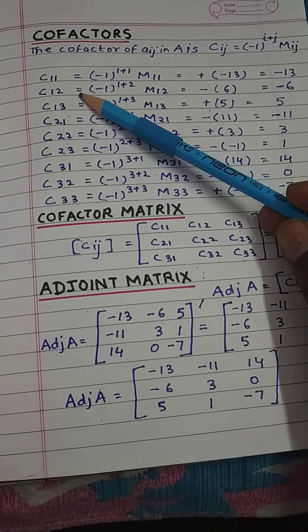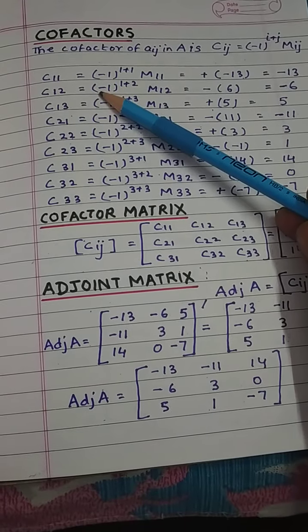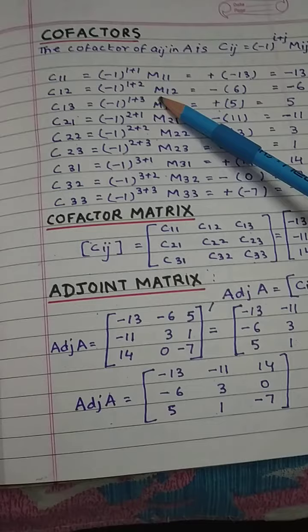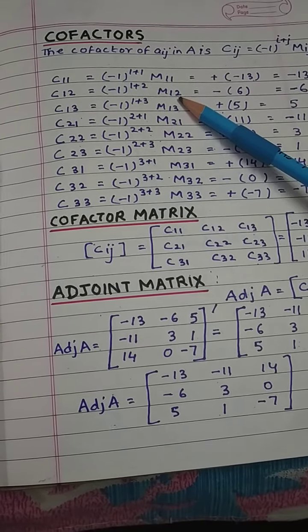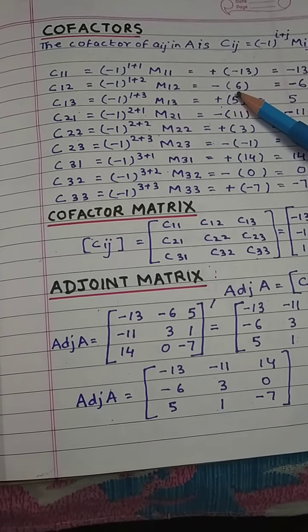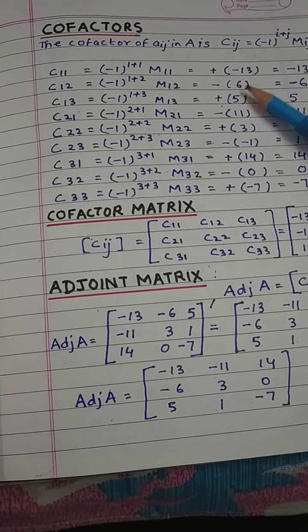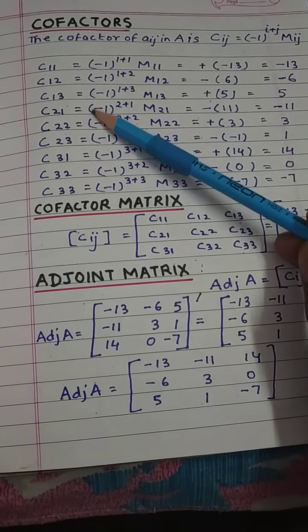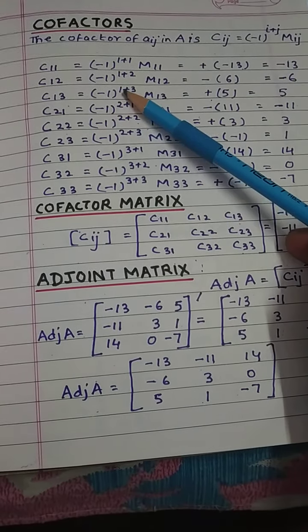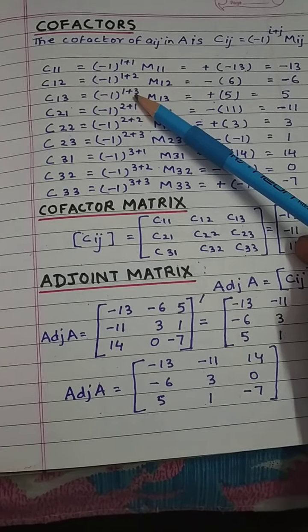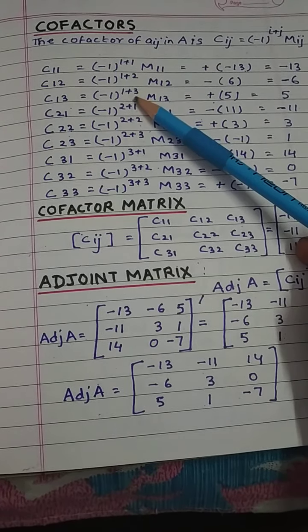Second, C12 is minus 1 to the power 1 plus 2 M12. It is equal to minus 1, minor is 6, it becomes minus 6. C13, minus 1 to the power 1 plus 3 is even. Even means it will convert into plus sign.